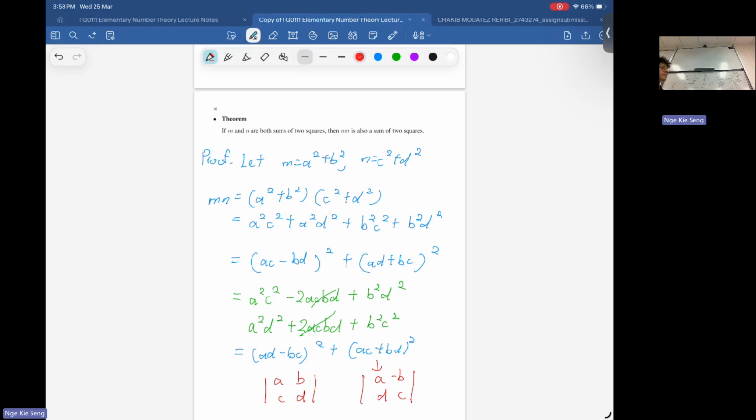But what if instead of squaring a, b, and c, you cube them? Not so easy to solve. In fact, the theorem says that there are no Diophantine solutions for a to the n plus b to the n equals c to the n if n is greater than 2.